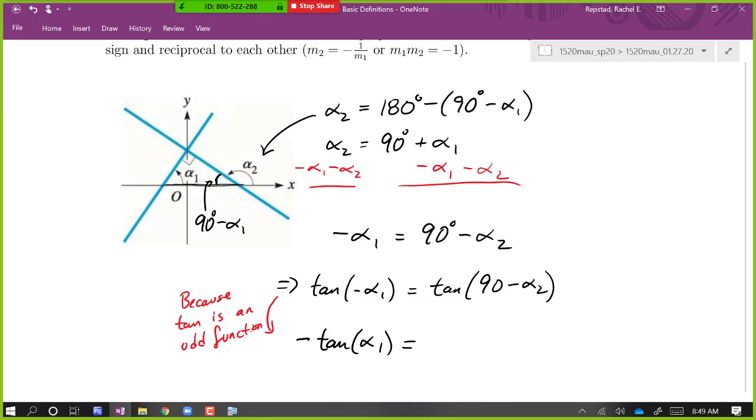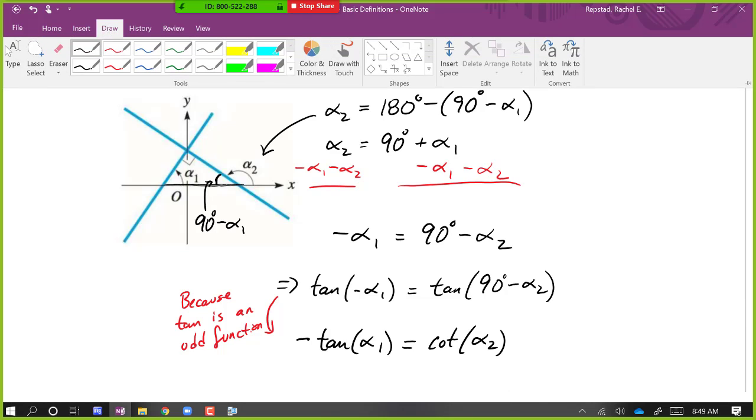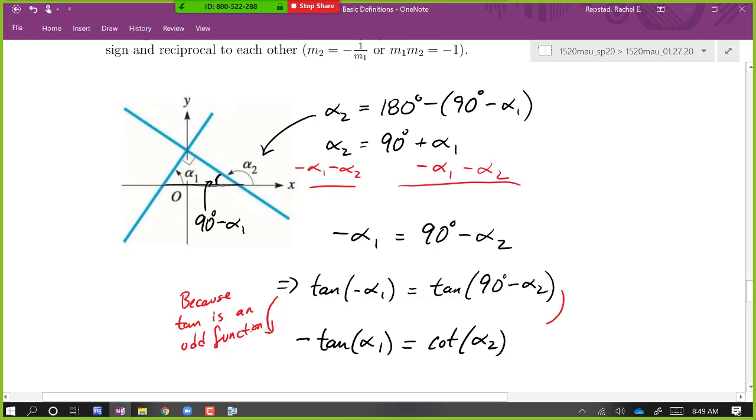The complement of 90 minus alpha 2 is alpha 2, since a function and its complement add up to 90 degrees. So tangent of 90 degrees minus alpha 2 is equal to cotan of alpha 2. Cofunctions agree on complements.